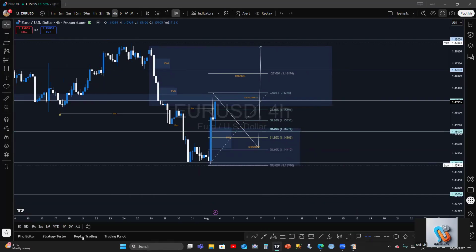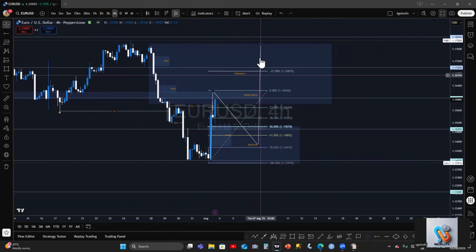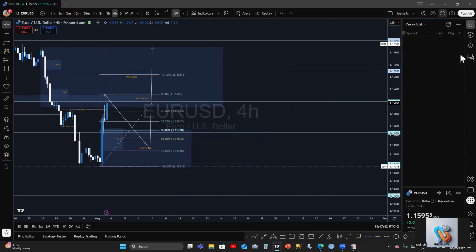So we are just going to hold on to see what price will do as soon as our market opens. But overall, we are anticipating a bullish run. Okay, that is Euro USD for you.